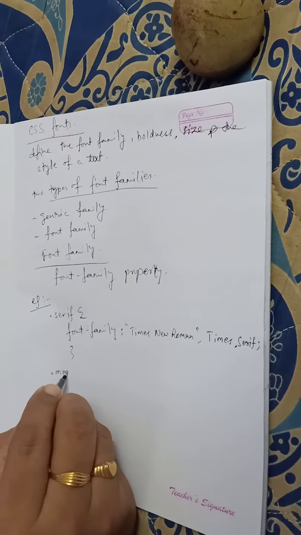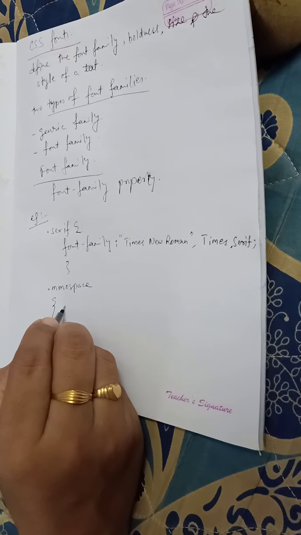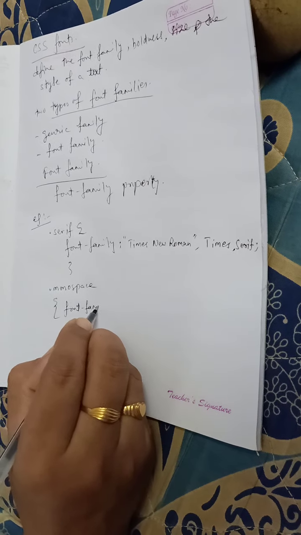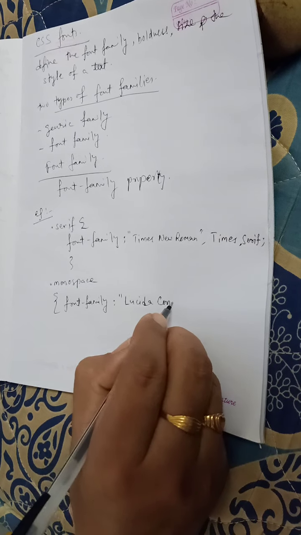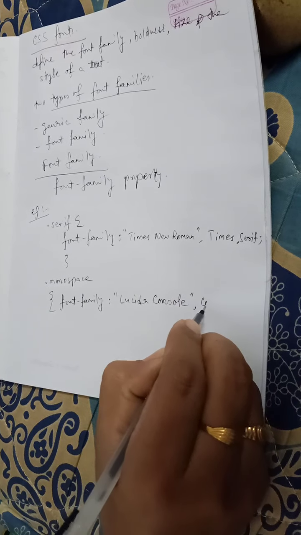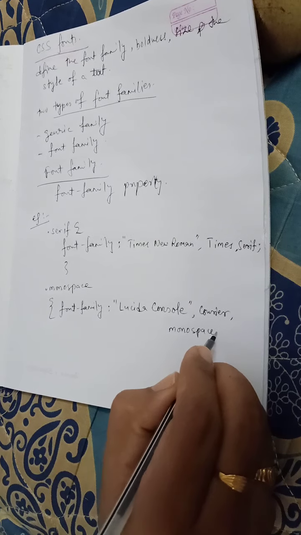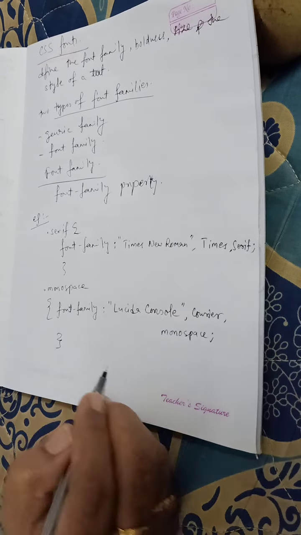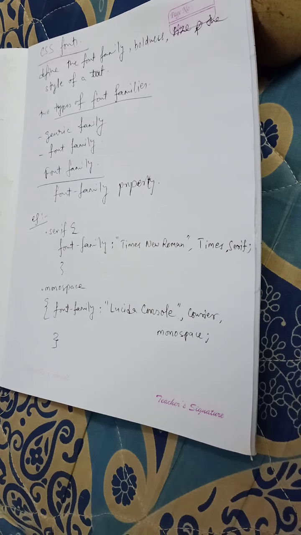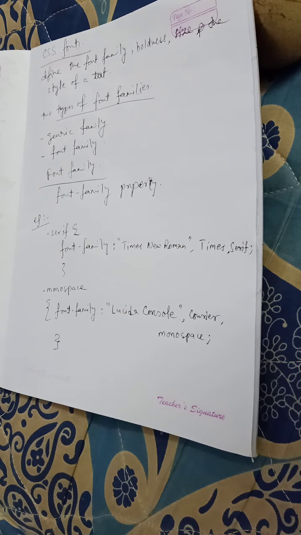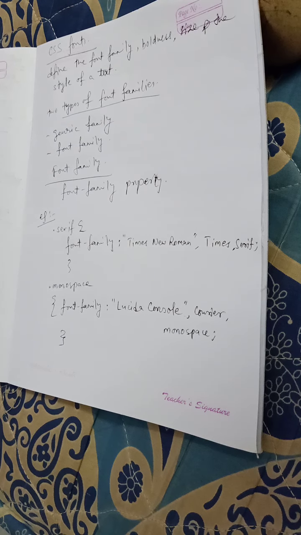Similarly, for monospace, we can write, for example, okay. So we are mentioning different font families and we are separating them by using comma. For commonly used font combinations, there is a set of commonly used font combinations, so that you can find it over net.